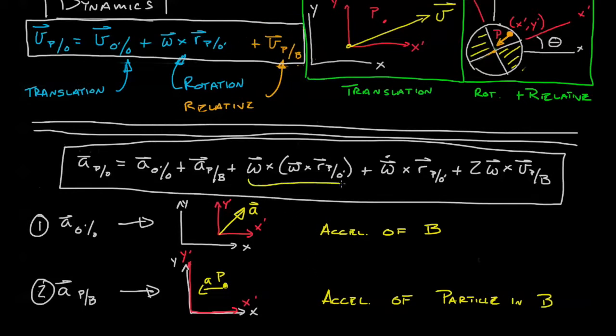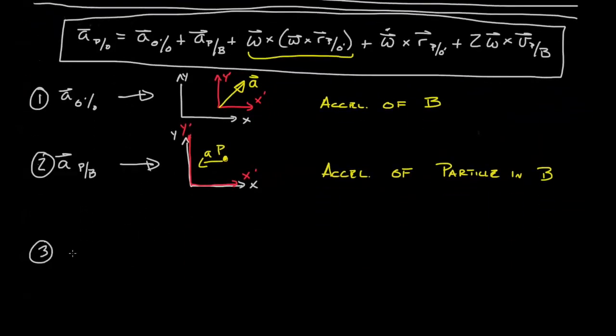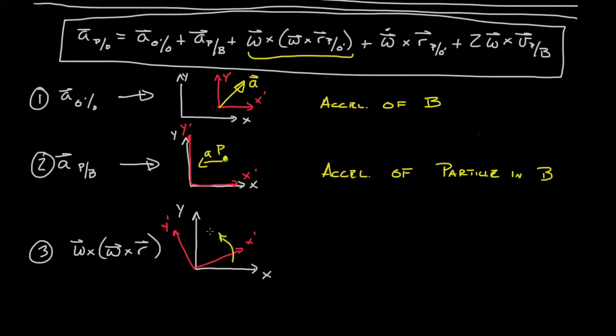Let's take a look at our third term here, omega cross omega cross R. To understand this term, we're going to make our absolute coordinate frame. We're going to make our relative coordinate frame, y prime, x prime, and we're going to give the relative coordinate frame some angular velocity, and give ourselves some point P, and that point P is staying still.